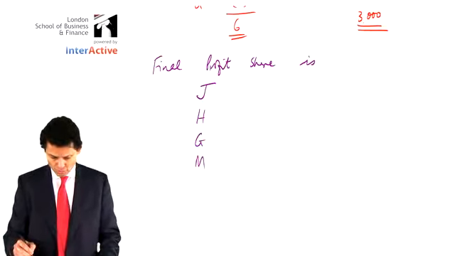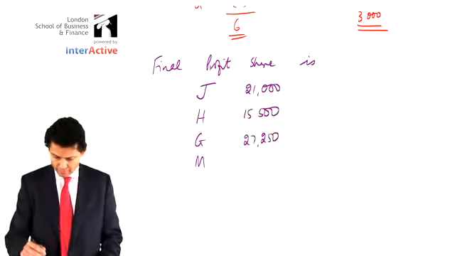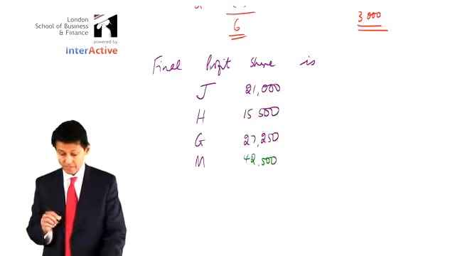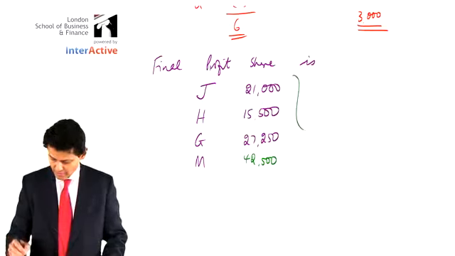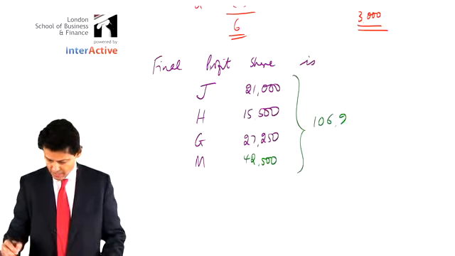Jason, 21,000. 15,500 for Howard. 27,250 for Gary, I should say. And then Mark, the guaranteed 42,500. So if you add that up, that should be back to our 106,250.